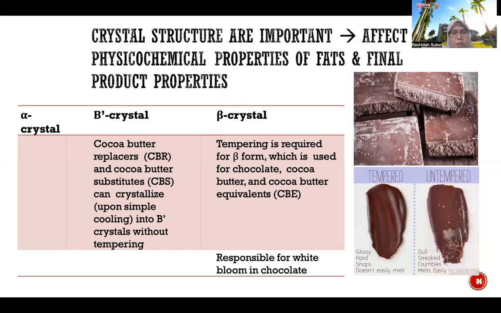Okay, it can crystallize upon simple cooling into beta prime crystal without tempering. If you want to know the tempering method, you have to go and see at Barrels. On weekdays you can go to Barrels and watch through the glass wall. They have a machine where they mix the chocolate for a long time in a tempering machine. That is called tempering of chocolate.